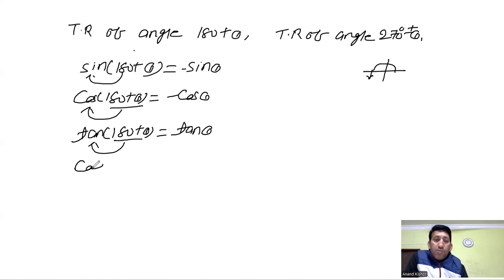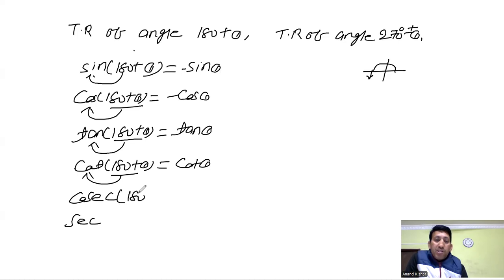And cot 180 plus theta. Cot 180 plus theta, how much? Same cot theta, because the ratio remains the same, and in the third quadrant it is positive. And cosec and sec. So cosec 180 plus theta: third quadrant, cosec negative, and cosec remains the same cosec.